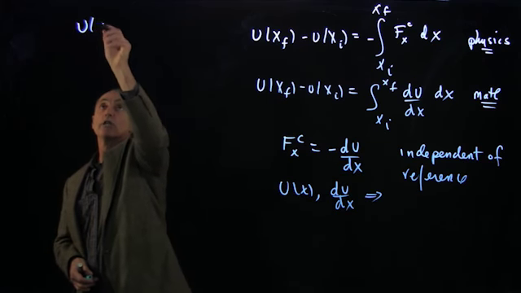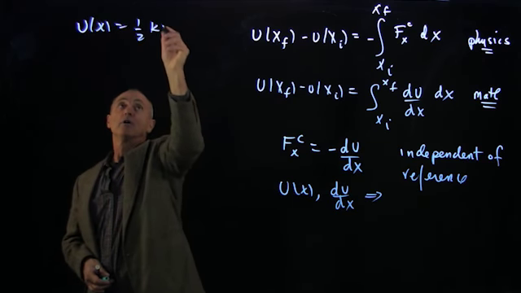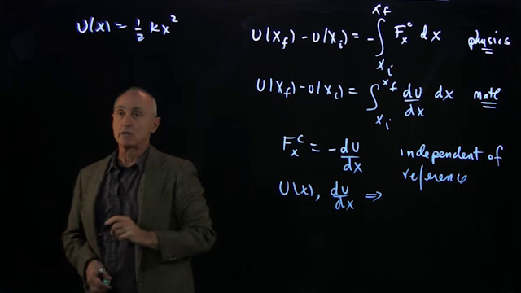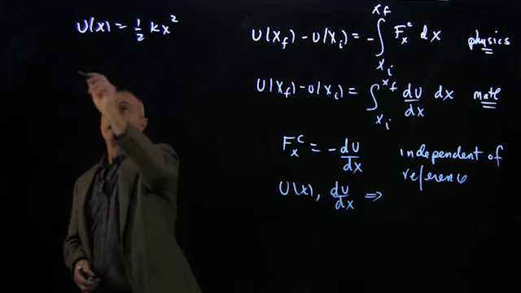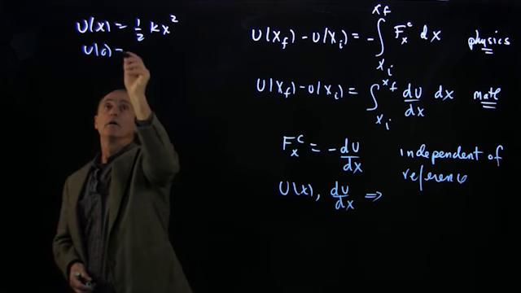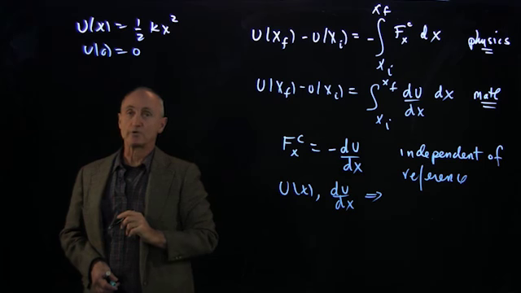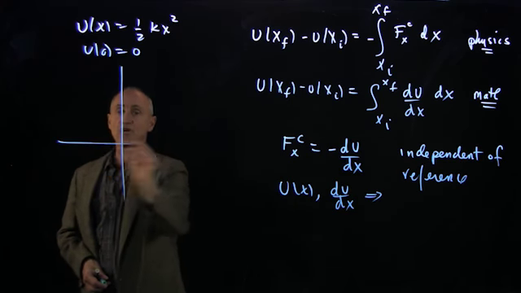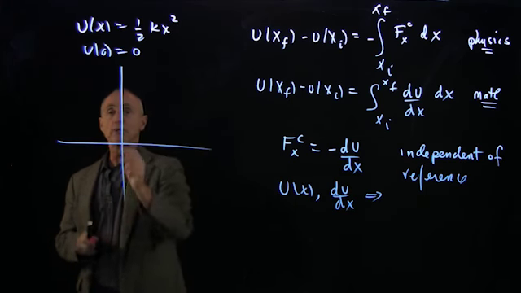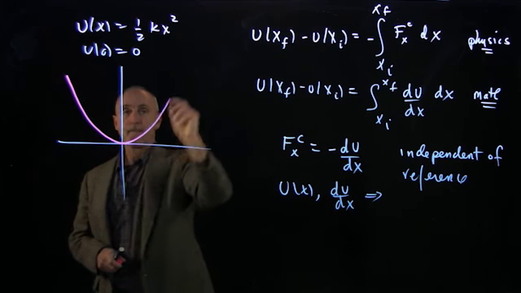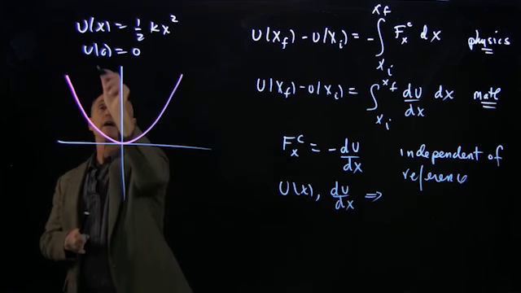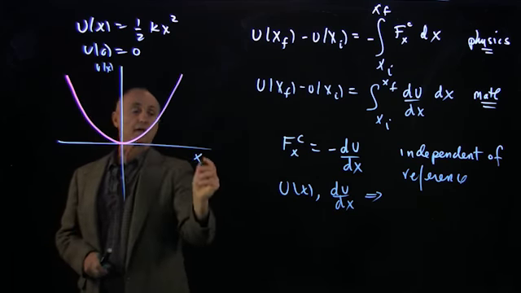Suppose, again, we look at our spring potential, where we're talking about the potential energy function of a spring, where our 0 point, where it was unstretched, was our reference point. And if we plotted this function, so here's U of x versus x.